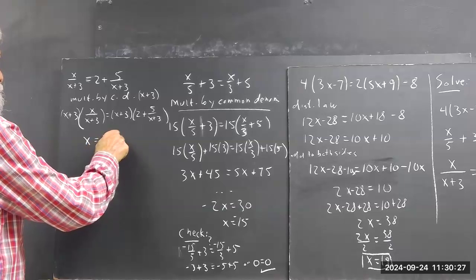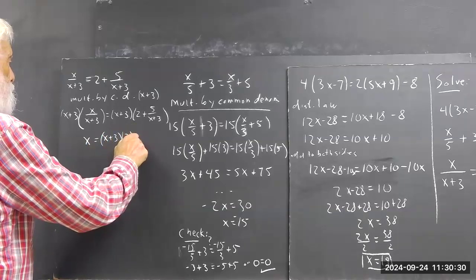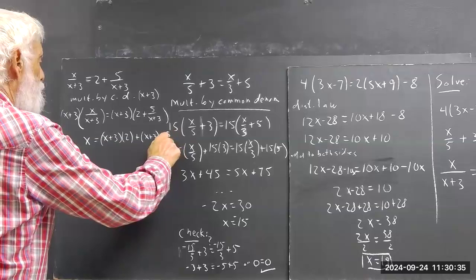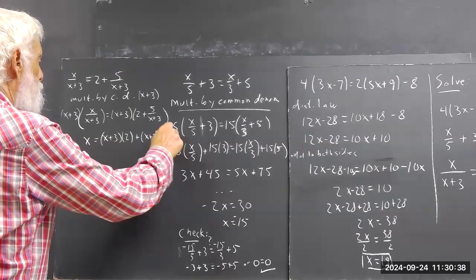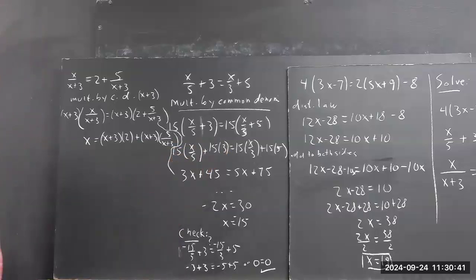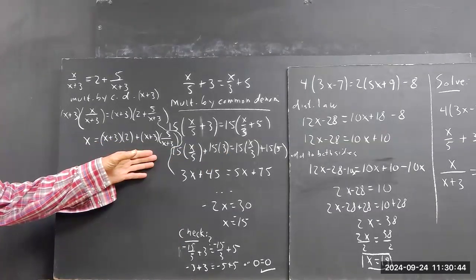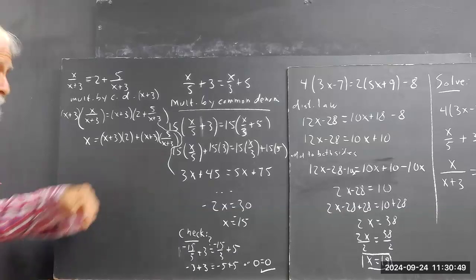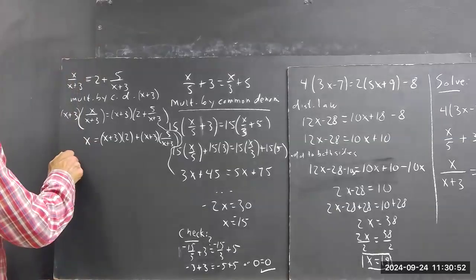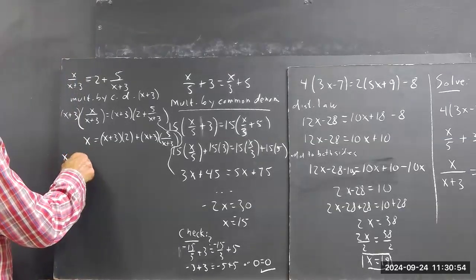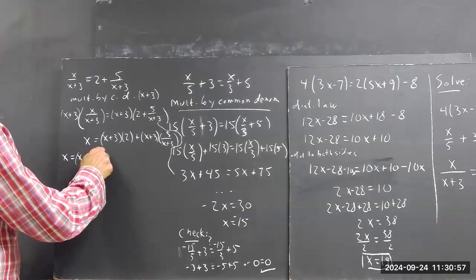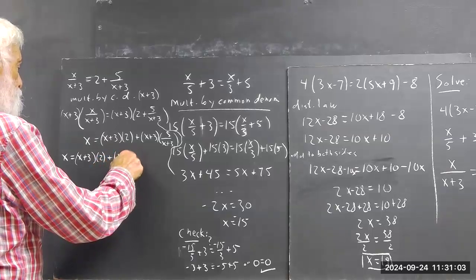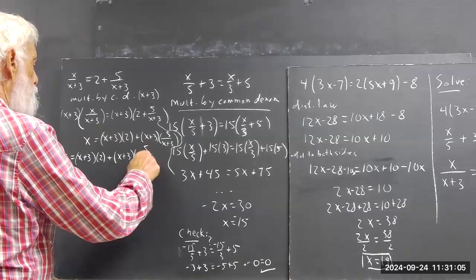So we get x plus 3 times 2 plus x plus 3 times 5 over x plus 3. Can you see what I did? I can rewrite it bigger. I'll rewrite it. x equals x plus 3 times 2 plus x plus 3 times 5 over x plus 3.